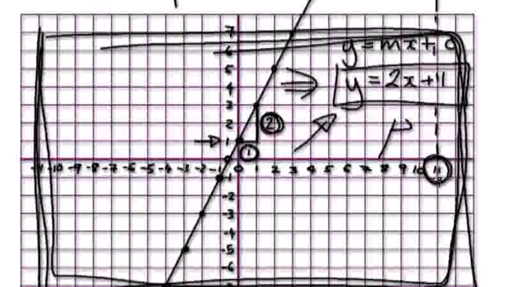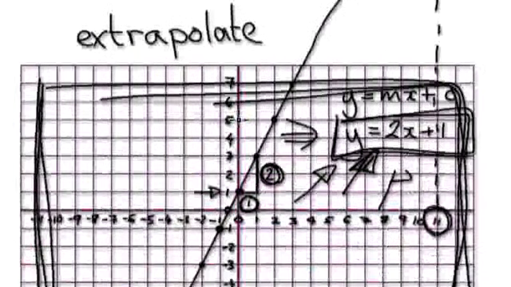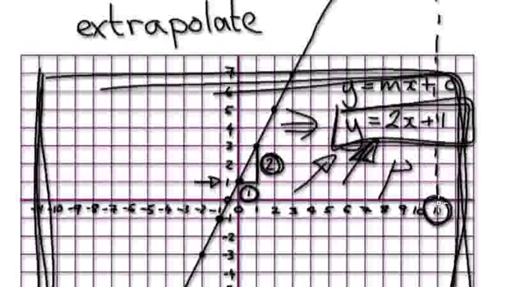Rather than drawing and extending the graph, the line, just come up with an equation and use this equation to work out what y will be when x is 11. So now all we have to do is put the 11 into the x here and then work it out.